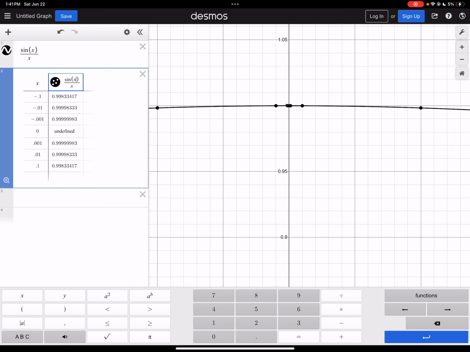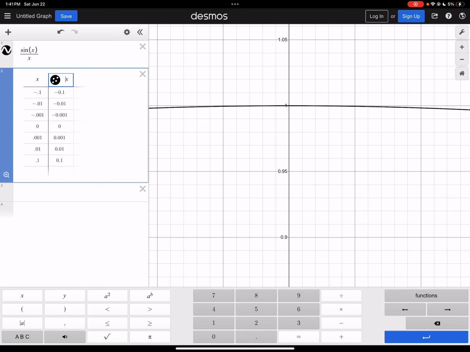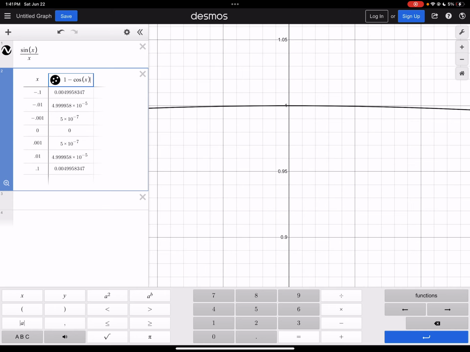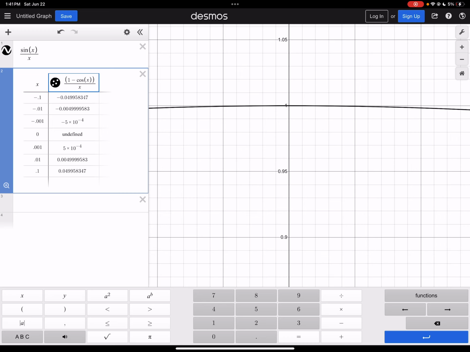Likewise, I could do the same thing for the other one, which is 1 minus cosine x over x.